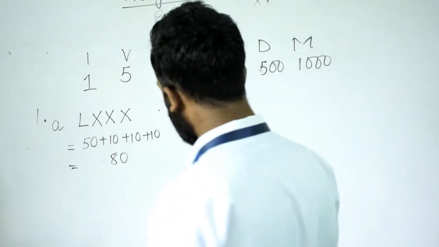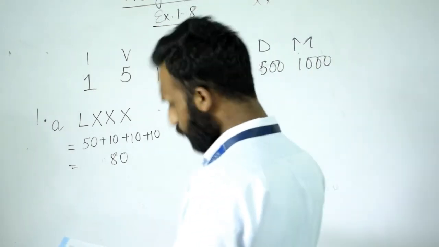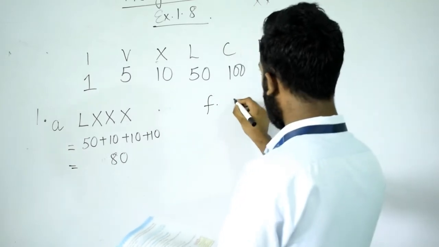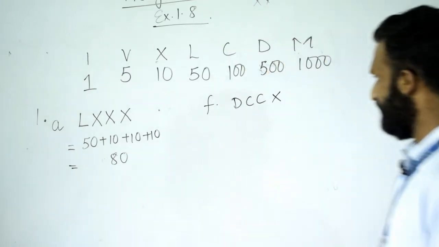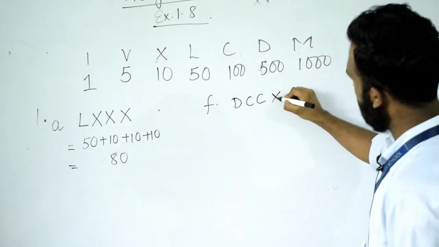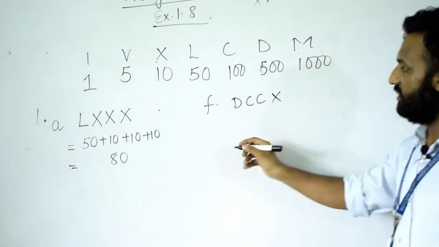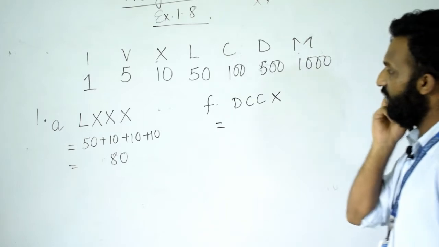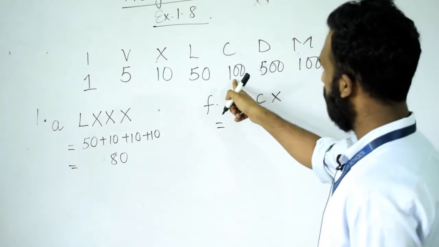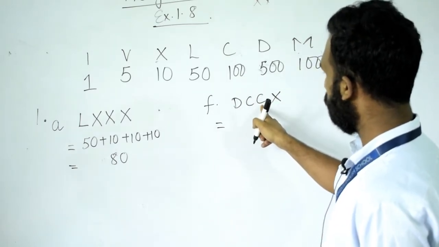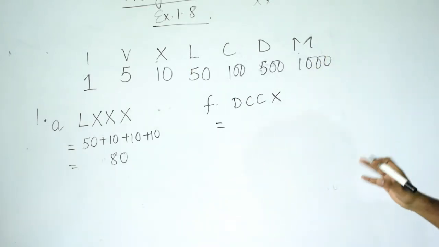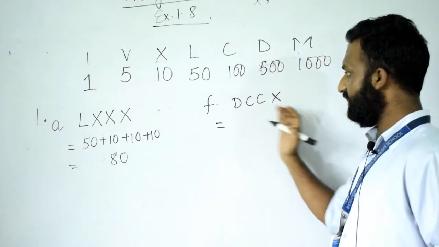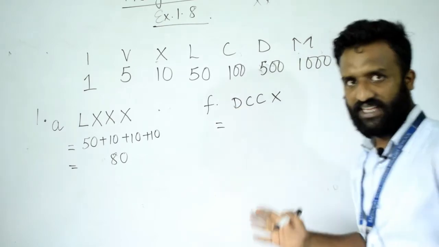Now let's do one more. Let's do F. It is D, C, C, X. What does D mean? D means 500. C means 100. This is also 100. And X means 10. Here also, all the numbers after the bigger number mean addition.